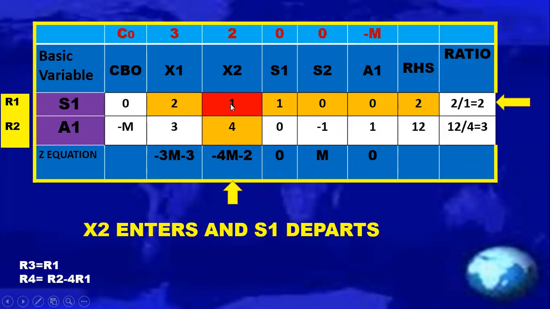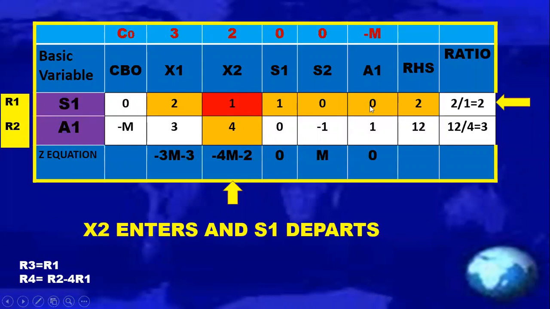Always, the key element in the next table should be 1 and the other values in that column should be 0. So here it is already 1. So in the next table, you write row 1, row 2, and the next rows will be R3 and R4.